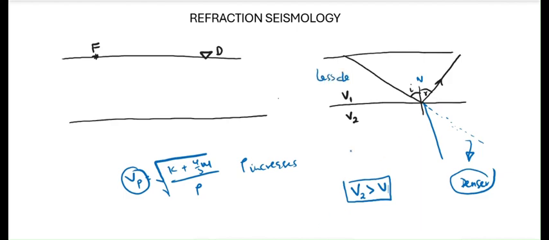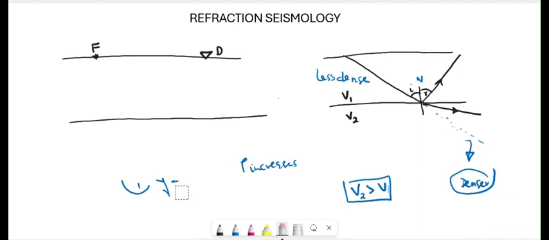In that case, what will happen? The refracted ray will move away from the normal because now the wave is moving with a higher velocity. So it will move away from the normal. And that is what we are going to apply on this side.